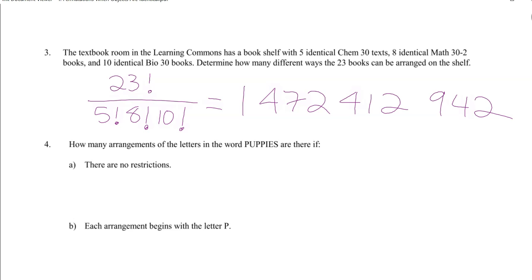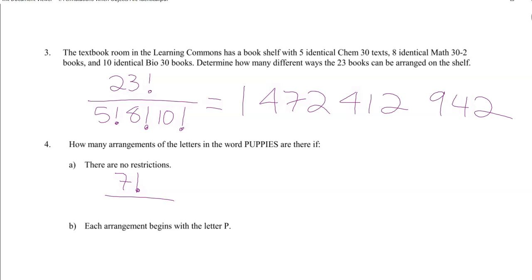How many arrangements of the letters in the word puppies are there if there are no restrictions? Okay, so we have 1, 2, 3, 4, 5, 6, 7 letters. Now, no restrictions, there is an inbuilt restriction, which is the fact that we have 3 P's.